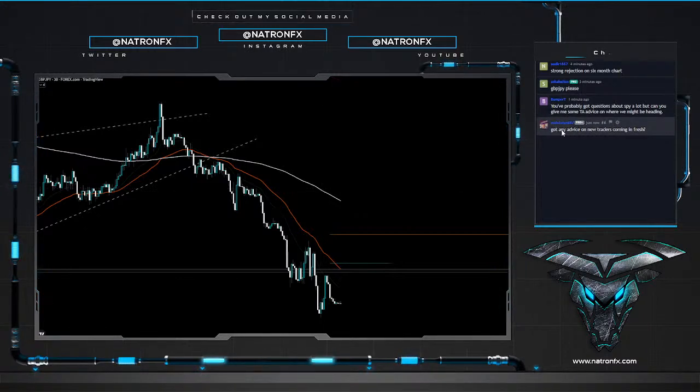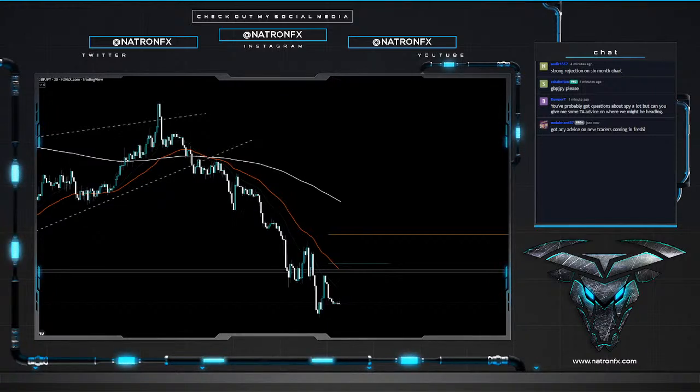New traders, do I have any advice for new traders coming in fresh? So just drawing on charts and technical analysis and learning how to trade, there's advice for that, but there's also advice if you're already trading an account.